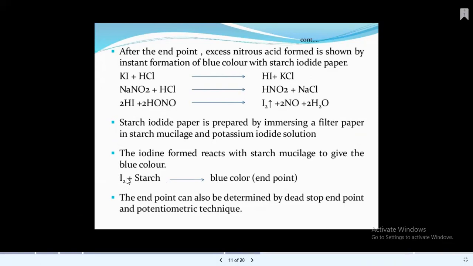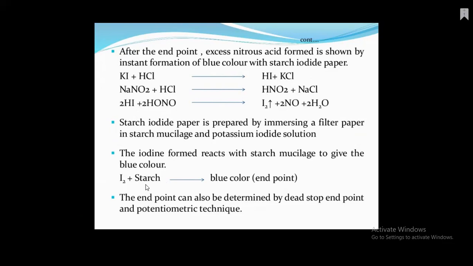Initially, it is present in the form of iodide. When we add an excess amount of nitrous acid along with HCl, HCl first converts iodide into hydrogen iodide, and the reaction between that and nitrous acid will release iodine, and the released iodine makes a complex with starch that shows the end point.